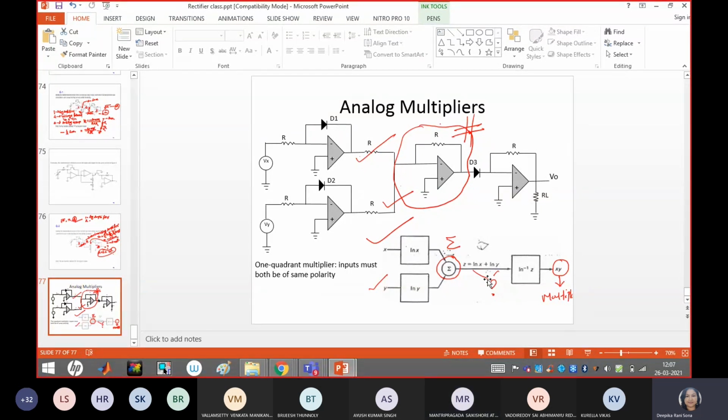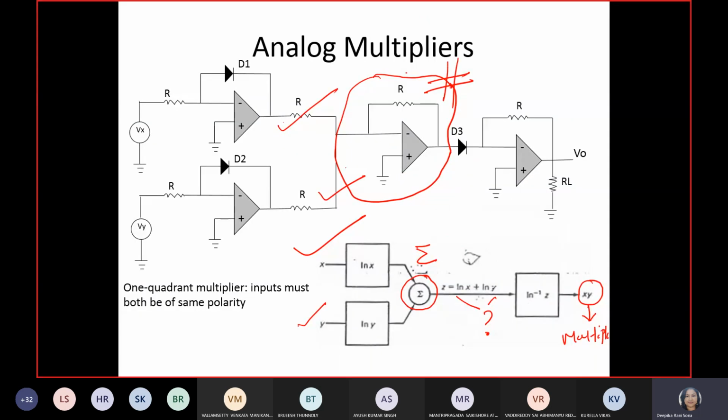Here, guys, this is the block diagram representation, but when I present this from the circuit point of view, this is the circuit for log amplifier x and log amplifier y, and then intermediate, we have taken the input together from x and y. It means we have added the inputs all together, then applied that.